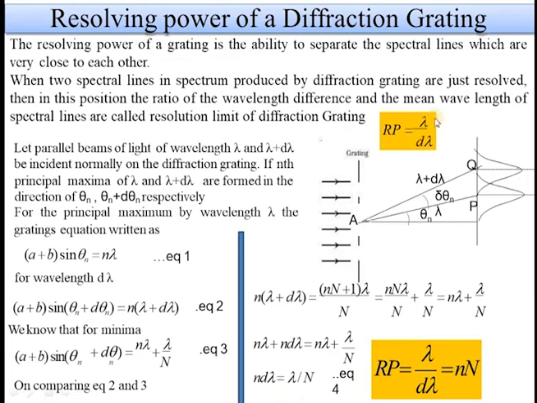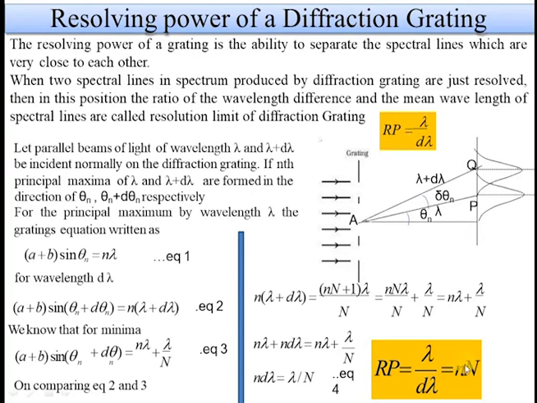We already discussed that the equation for resolving power is lambda by d lambda. So from this equation I can write lambda by d lambda is equal to n into N. Small n is the order of the spectrum, and capital N is the number of lines per unit length of the grating.